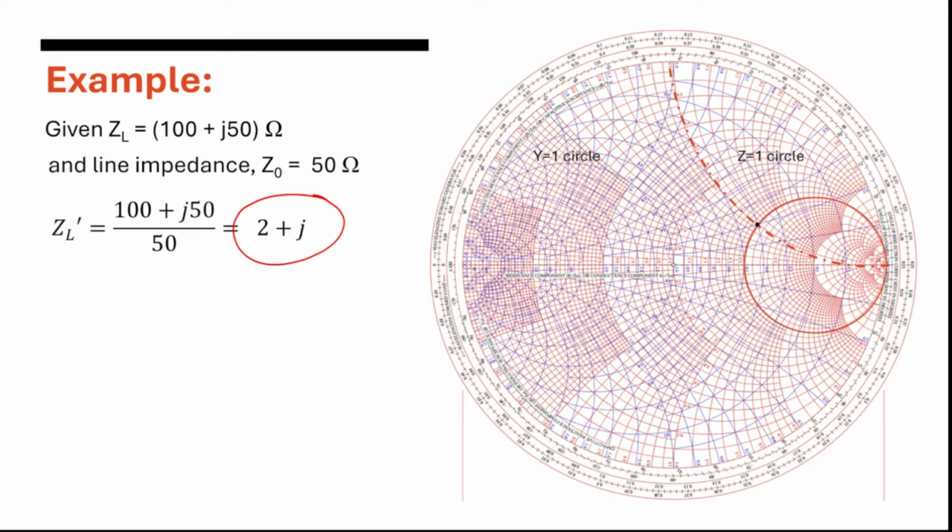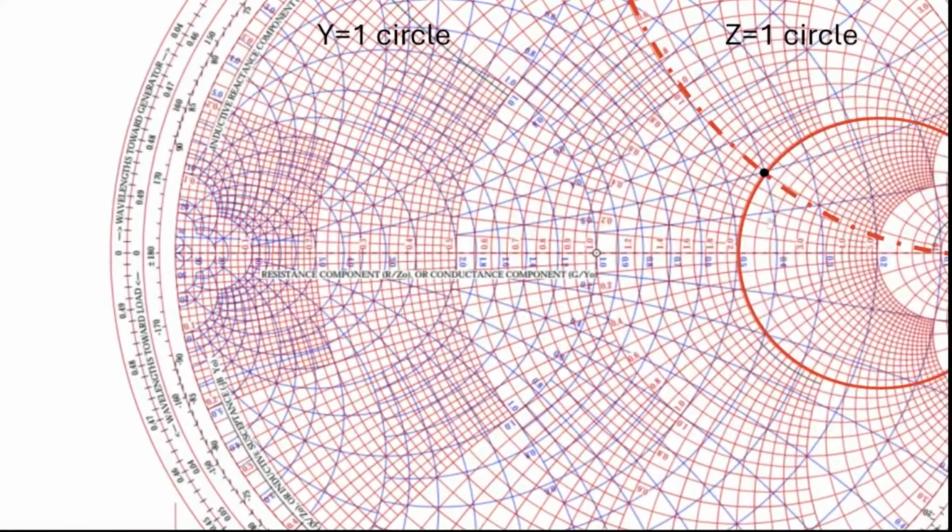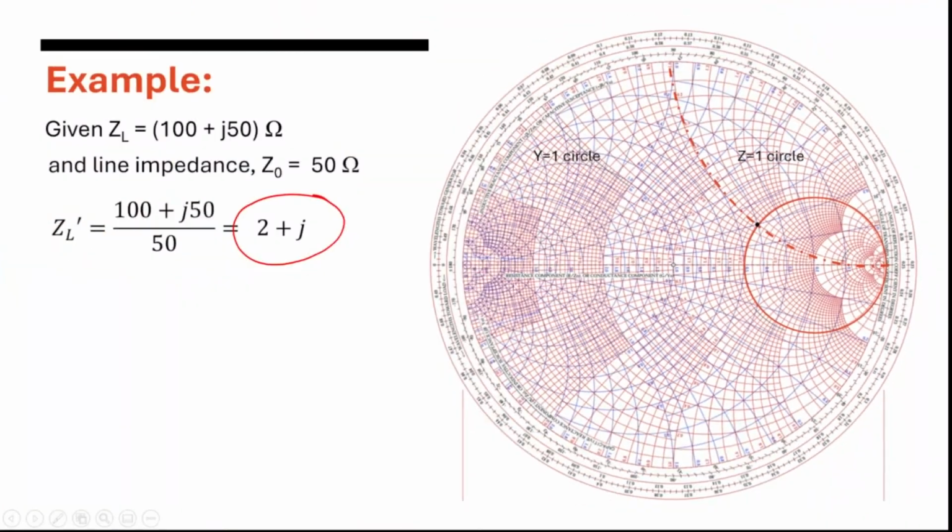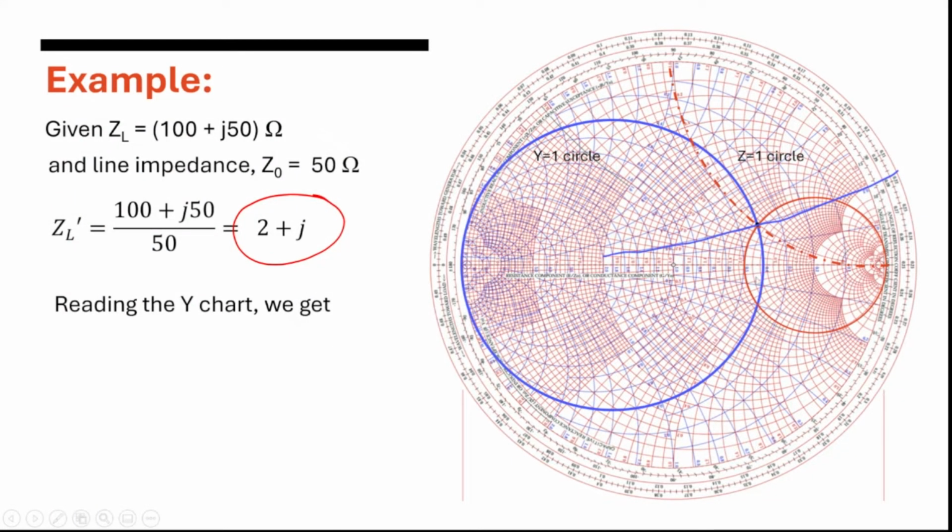Now if you notice here, we can also represent that same point by using this blue circle and blue arc, which is the Y chart. So let's look at that. The same method also applies. We trace the circle of that point, which is this one, and then the arc, which is here.